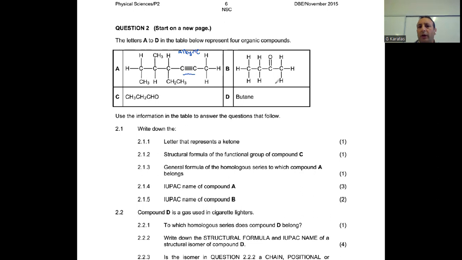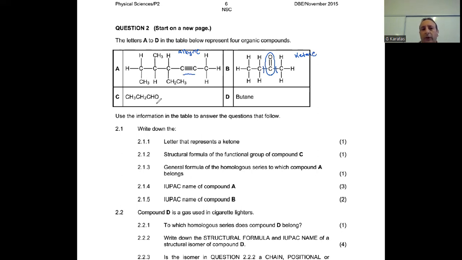When we look at compound B, we see that unusual part of carbon double bonded to oxygen, and around it, as you see, you have 2 other carbon atoms, no hydrogen atoms, only 2 other carbon atoms. That makes this compound a ketone.